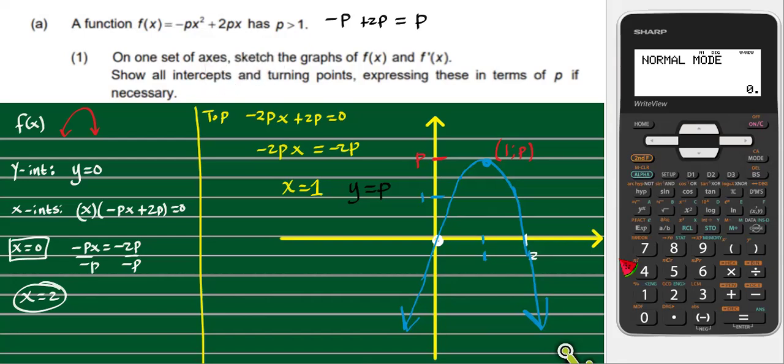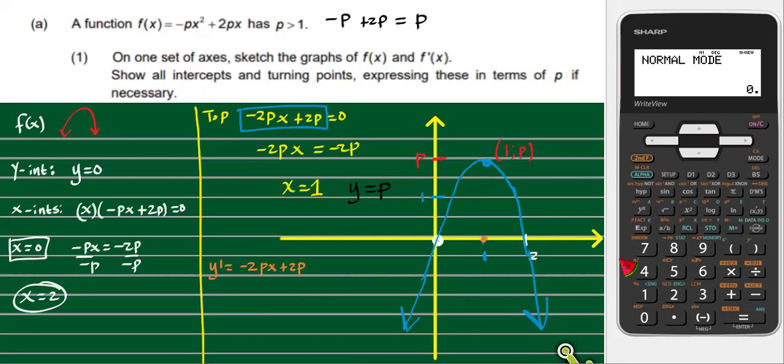So I'm going to call it y prime equals minus 2px plus 2p. To get the x-intercept, you make y 0, which is what we did, and we get x as 1. So that means I'm right there by the 1.